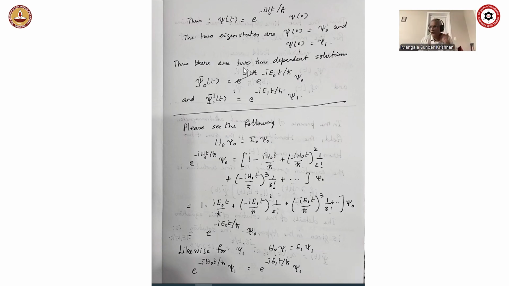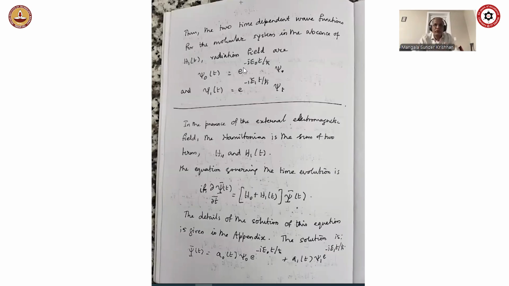Therefore, we propose, in the presence of radiation, most important thing, now you see that the radiation field is added here in the Hamiltonian, H1 of t, this one.